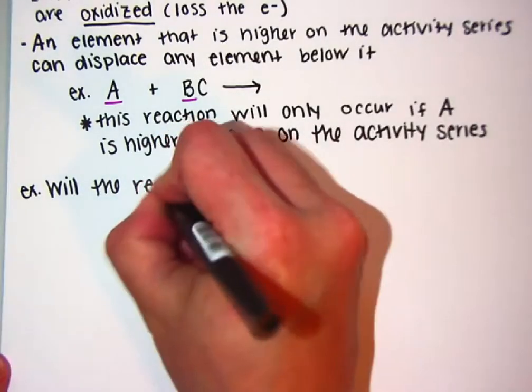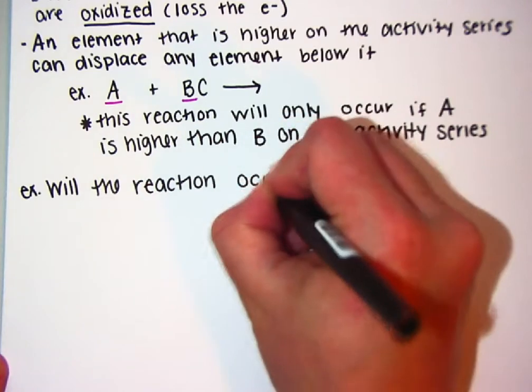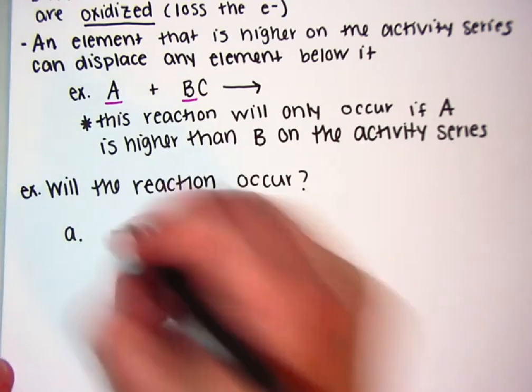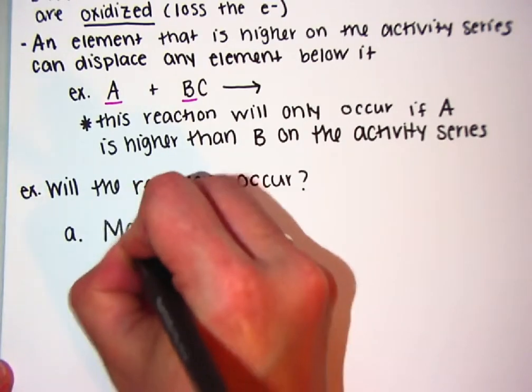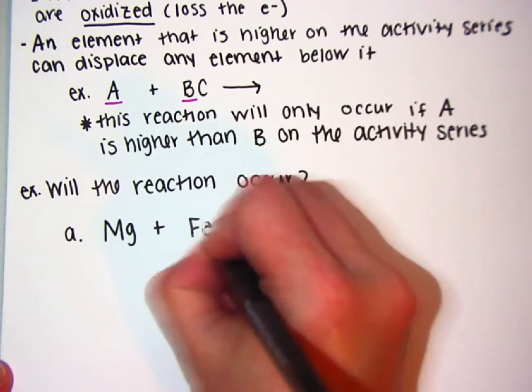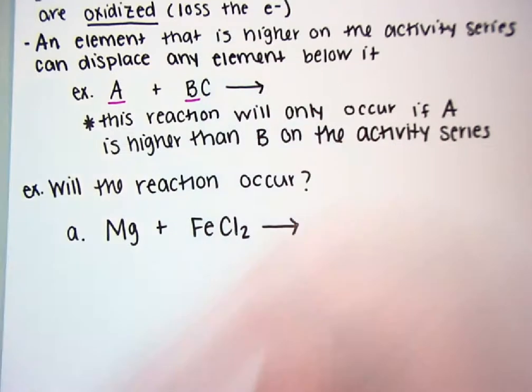So let's do some practice. Will the reaction occur? Magnesium plus iron(II) chloride.